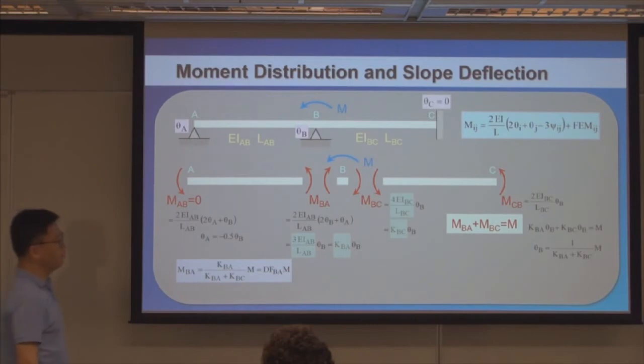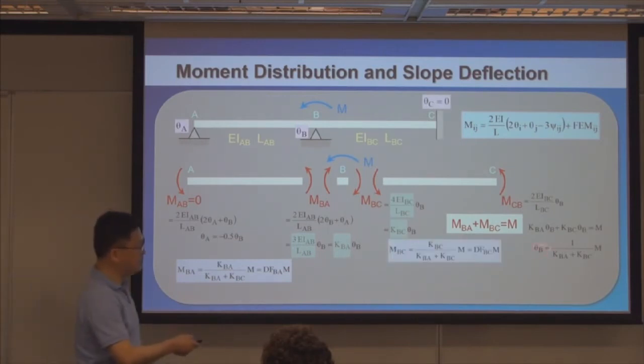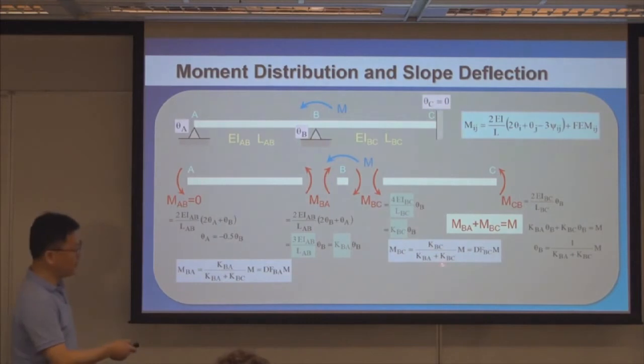Now similarly for BC, you take theta B and plug it in here. So it's going to be KBC times theta B, which is this. So then MBC is equal to KBC over KBA plus KBC times M. Again, I call this factor distribution factor BC.